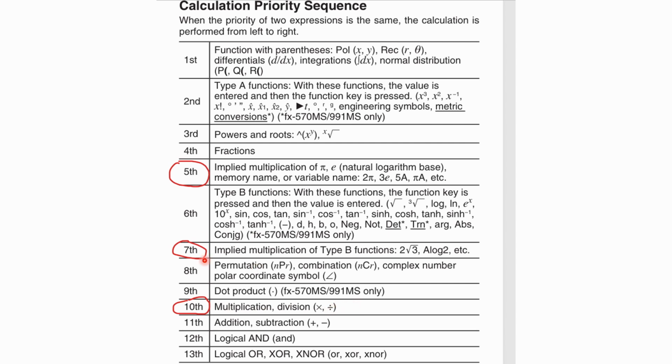So again, they're prioritizing implicit multiplication over straight multiplication and division.